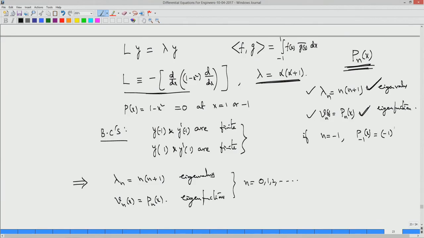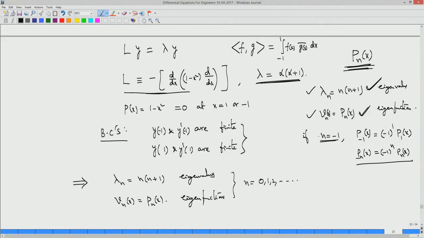We have shown that P minus n of x equals -1 power n into Pn of x, using this relation which we proved earlier. So, P -1 is -1 power -1 into P1 of x. So, we can see that P -1 and P1 are actually linearly dependent.